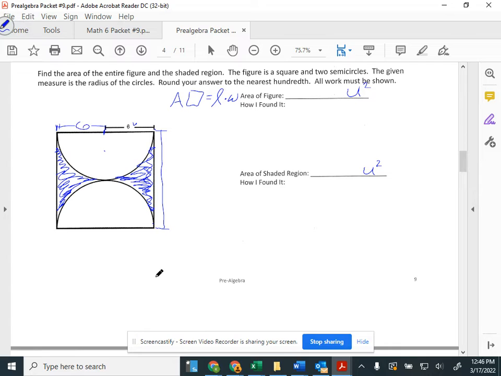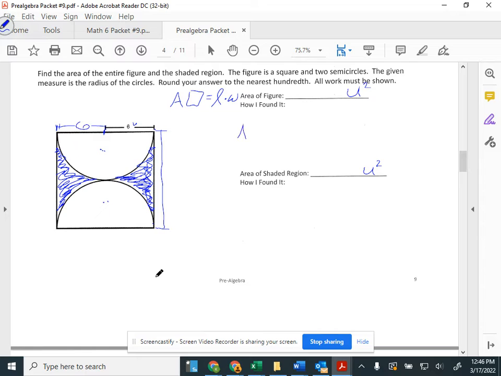Those 2 things are taking up the shaded region. The 2 white spaces, the 2 semicircles, we don't want to include. We want just the shaded area. If we know how to find the area of a circle, but we don't know how to find the area of these goofy shapes, we can find the area of the circle that the two semicircles make up, subtract that out, and we'll be left with our goofy shape.